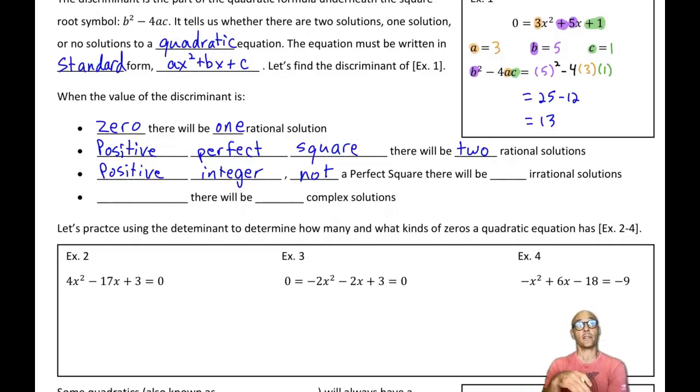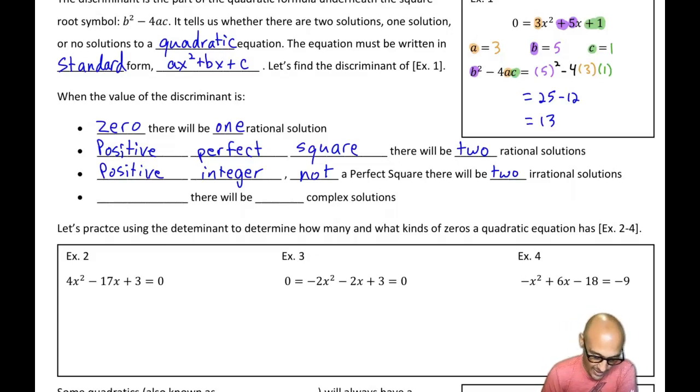So take all the perfect squares out of the positive integers, which are like the positive counting numbers. And in that case, you're going to have 2 irrational solutions. Whereas a rational number can be represented as a fraction, irrational numbers cannot. They're going to be like square root of 3, square root of 7. So it's going to involve a square root.